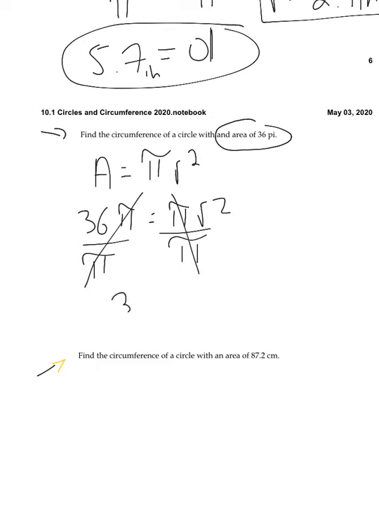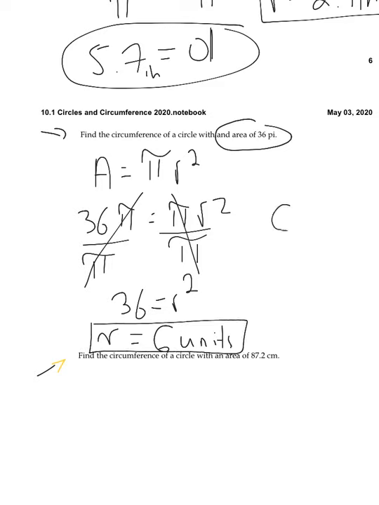So I get 36 equals r square. Now in your head, what number times itself is 36? Technically, in algebra class, the answer is plus or minus 6. In geometry, radius cannot be negative, so radius is equal to 6 units.